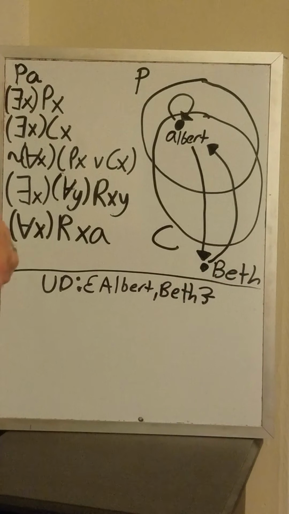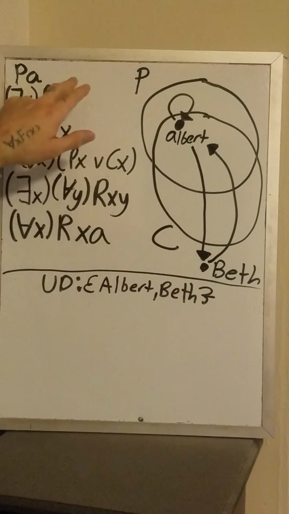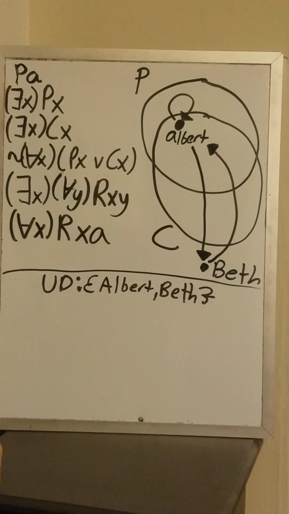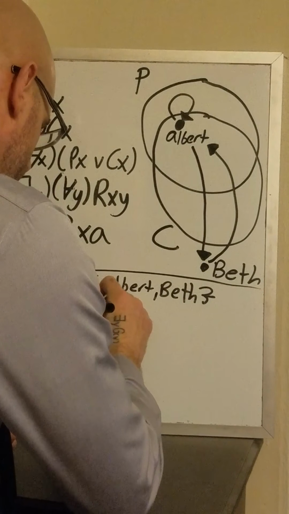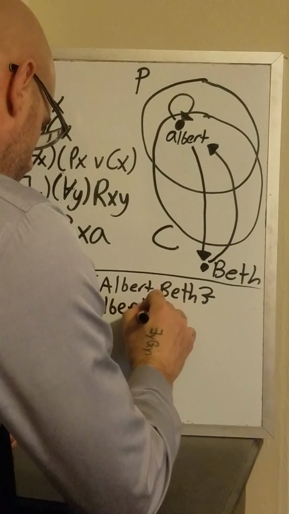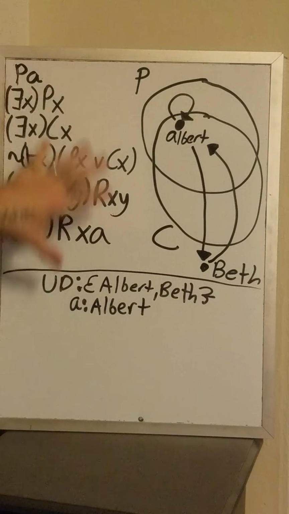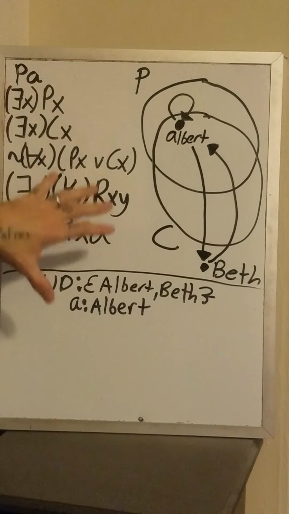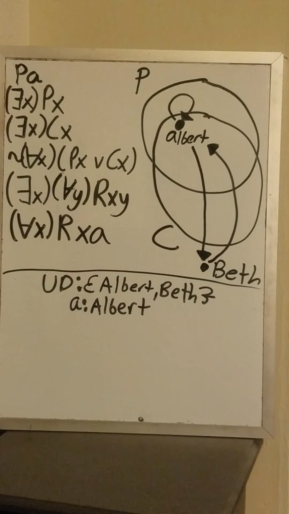Now we need to say what objects our constants are naming. Beth wasn't specifically named by a constant in any of these sentences.